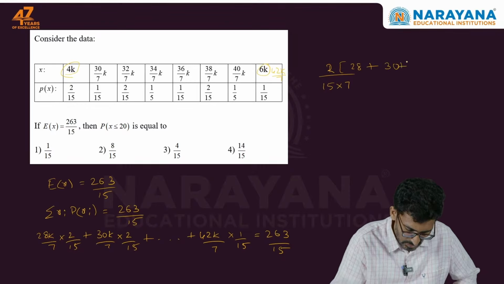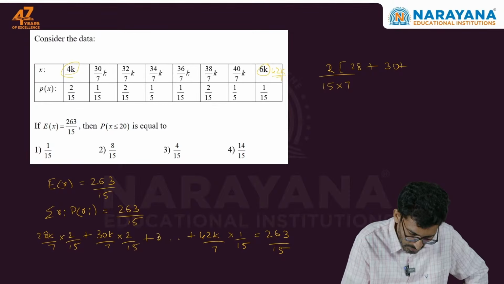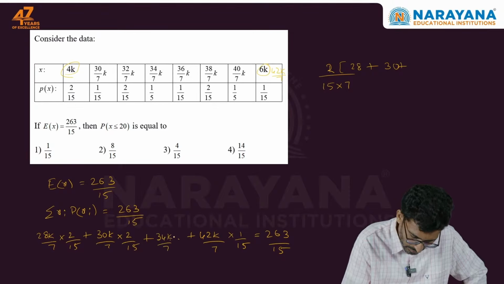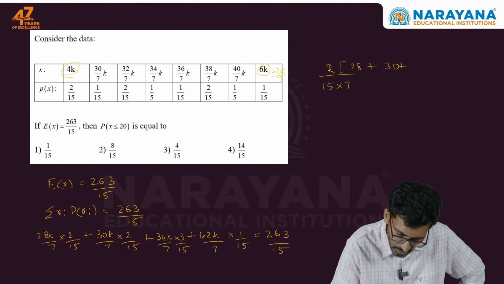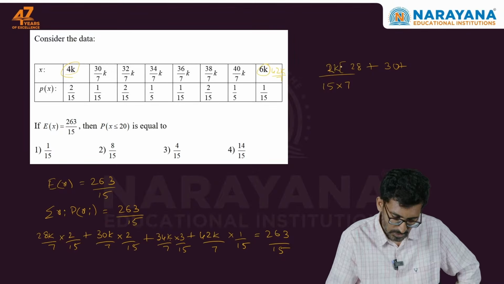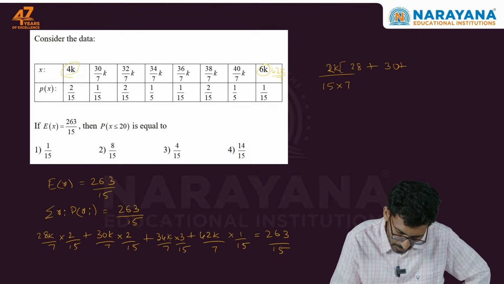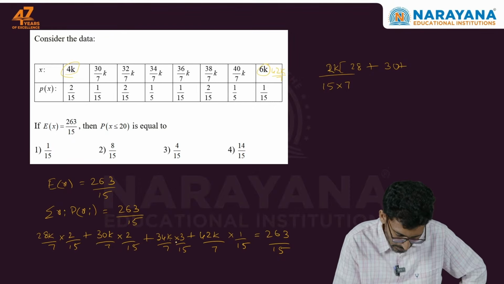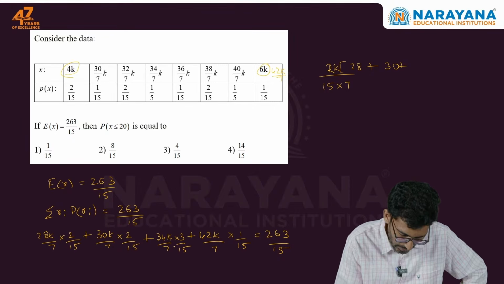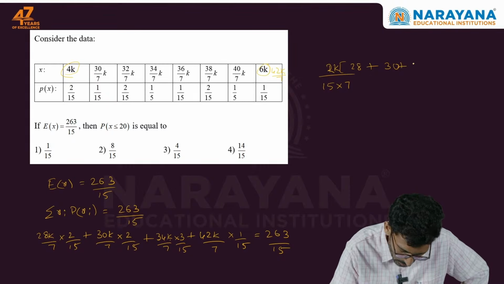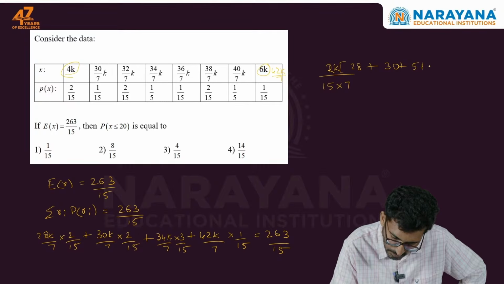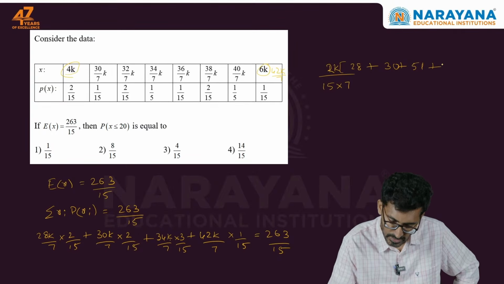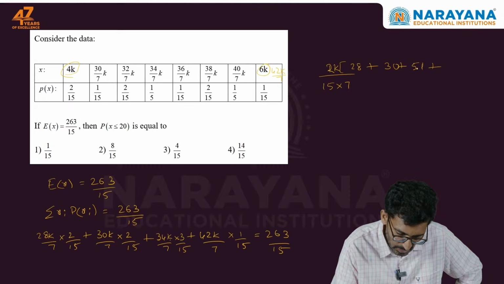Okay, next one 34k by 7 into 3 by 15. I will take out k also common. So 2k by 15 into 7. So we are getting 28 plus 30. Next one we are getting 17 into 3, which is equal to 51. Next term 51 plus, like this I will add the terms 28 plus 30 plus 51.